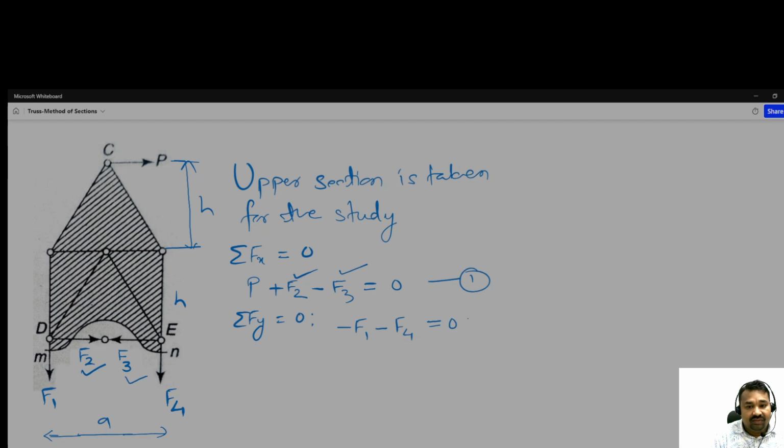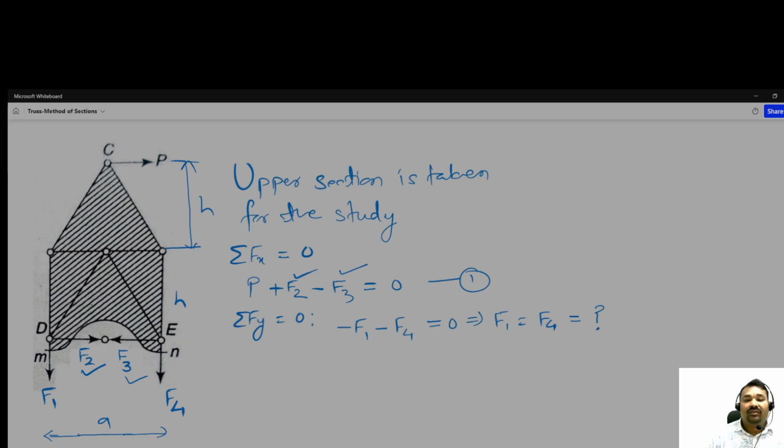Okay, so here F1 is equal to F4. So through this also we are coming to know that F1 is equal to F4, but what it is equal to, we don't know.